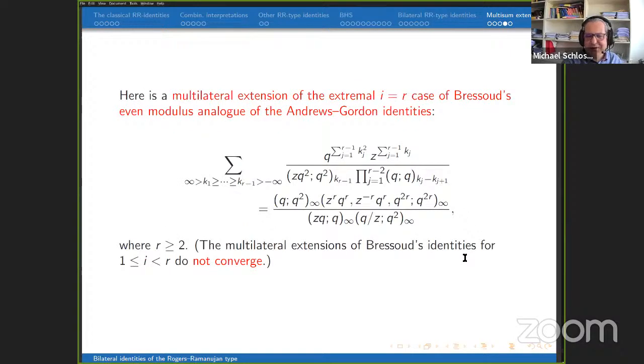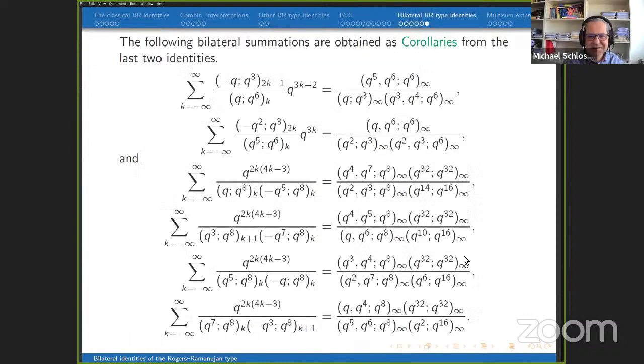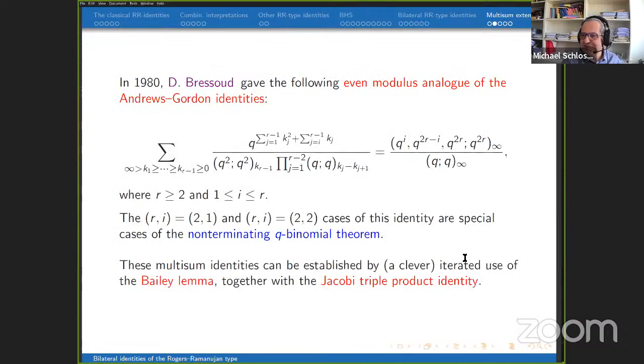Okay, and I'm not giving you the special cases now because they look very similar to these identities here, and they're just huge sums, and you can see the details in my paper, which is with the same title as my talk, on my homepage and on the arXiv.